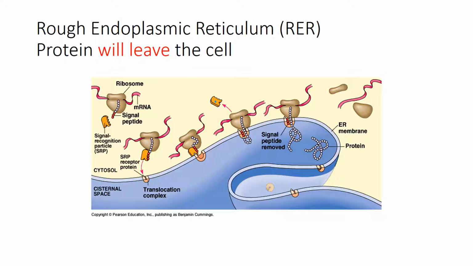Once that protein is inside the endoplasmic reticulum, it can be further modified, and then eventually it will be put into a transport vesicle where it will exit the cell after passing through the Golgi apparatus.